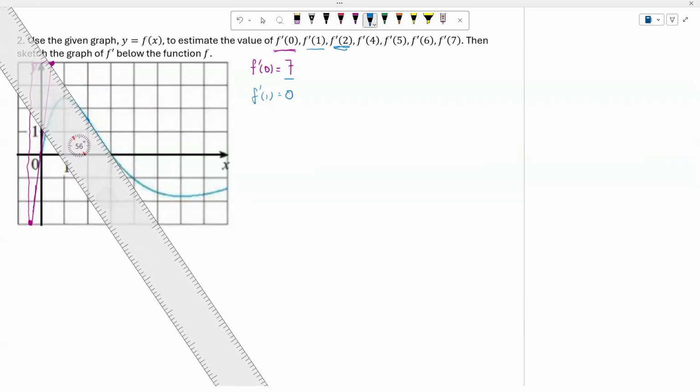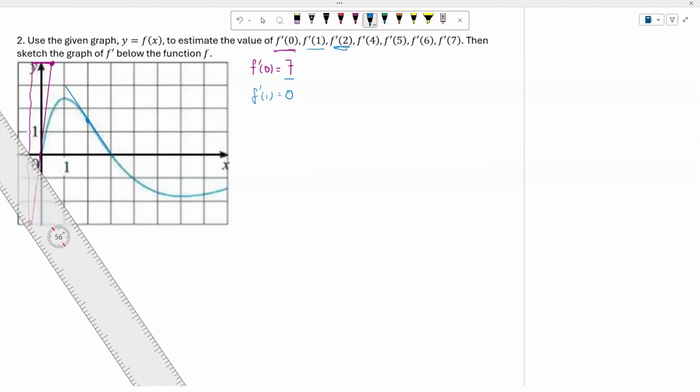So we draw a line. And now, for f prime of 2, we get it from this point to this point. It seems that we go down by 3 units, and then 1 by 2. So it's about -3/2.